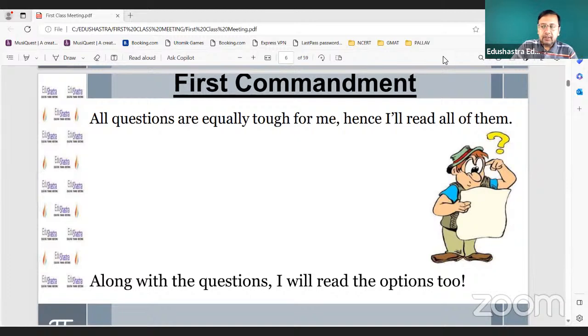Okay, so let's begin with the session. And we are talking about the decoding of quant session. This is one particular section in all the competitive examinations, whether we are writing any national examination or any international examination. This section creates a little toughness, a little anxiety, right?